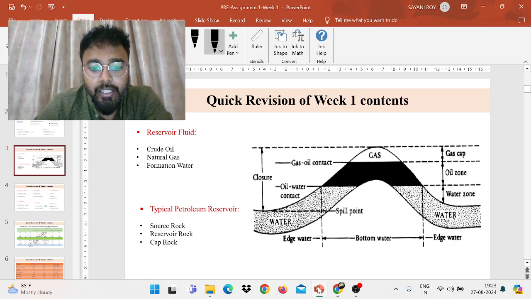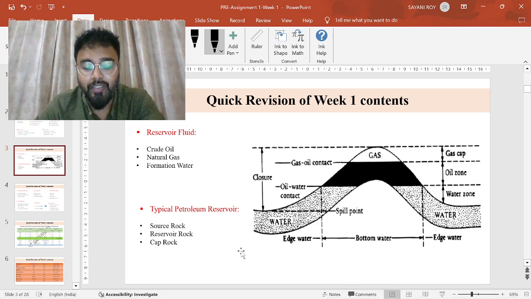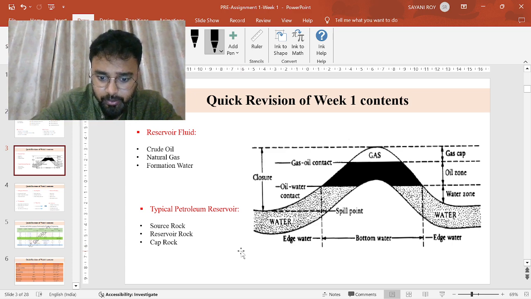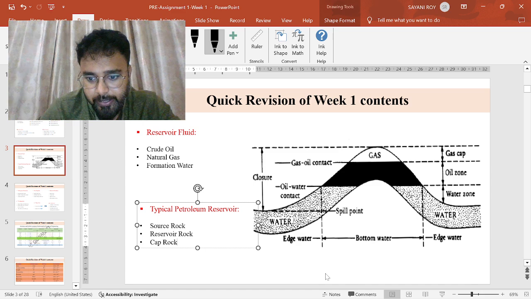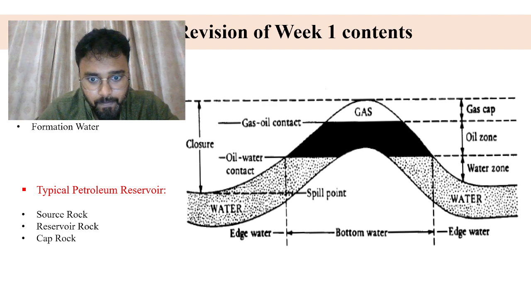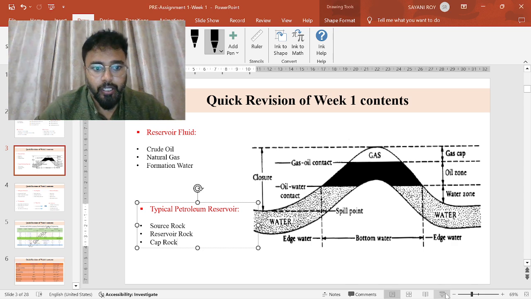Can you see my screen now? Someone is asking me to share my screen. Can you just anyone unmute yourself and let me know if you are able to see the screen? No, I also cannot see your screen, sir. You are not being able to see the screen. No, no. Can you see the screen now? No, not yet. Not yet. Okay.